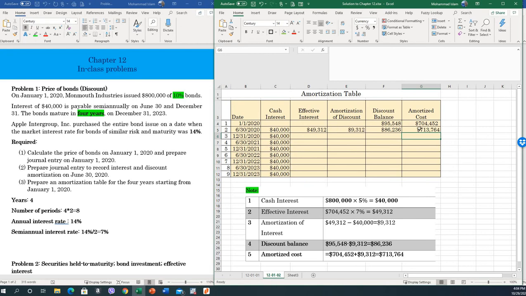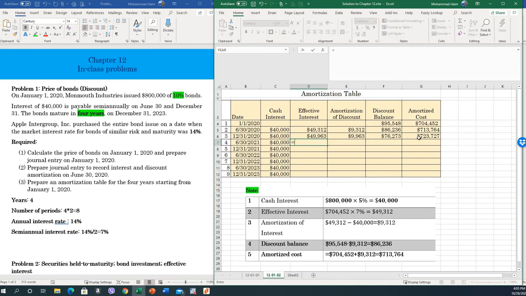Okay, so now again we will start with this amount here. This should be equal to this one multiplied by 0.07. Okay, and this amount is equal to this minus this, and this amount is equal to this one minus this one, and this is equal to this one plus this one. Again we will start our fourth row with this amount.